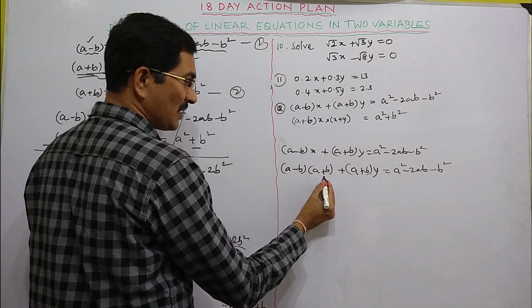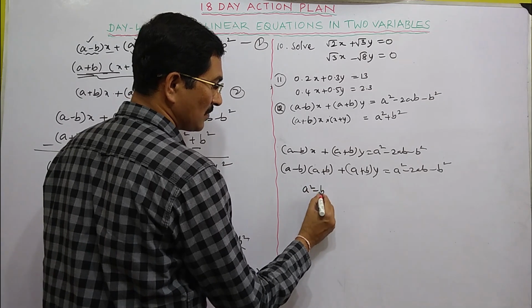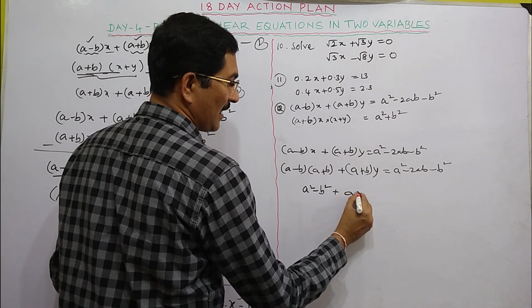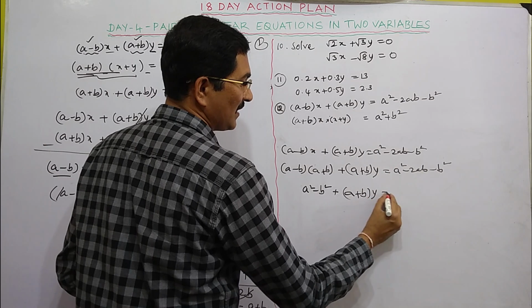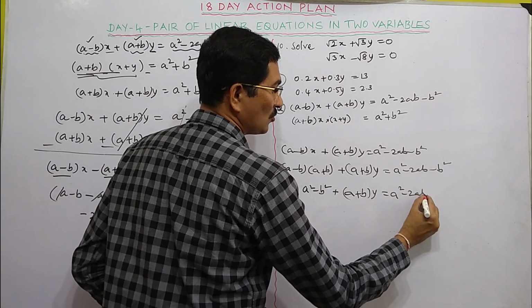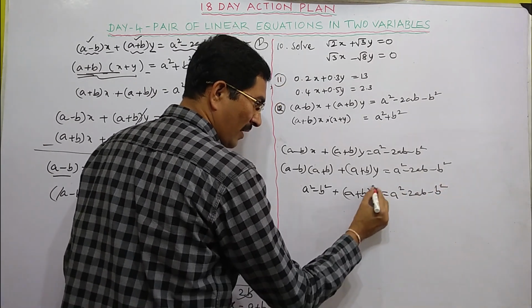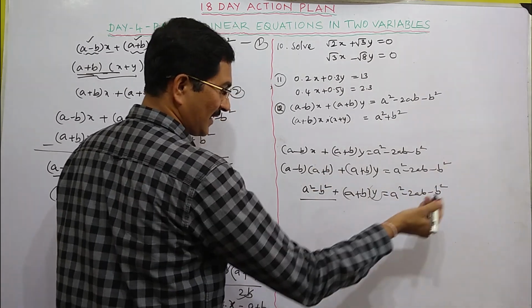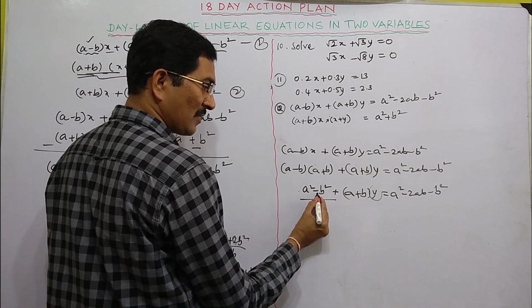Is (a − b) into (a + b)? This becomes a² − b² + (a + b) y = a² − 2ab − b². We want y, so take away all this to the other side. So this becomes minus a², this becomes plus b².